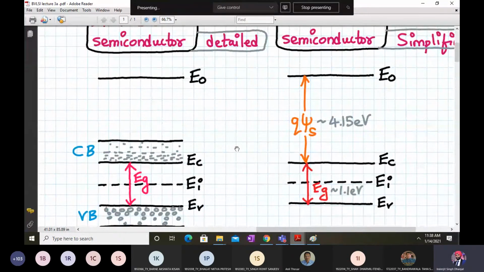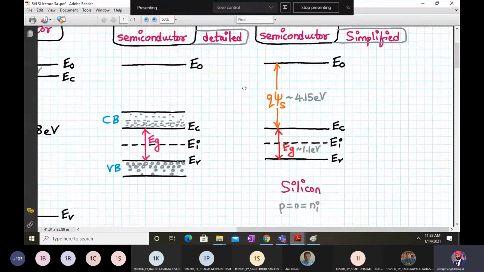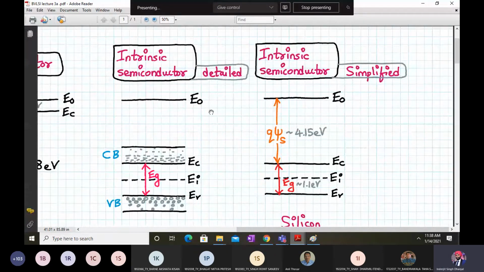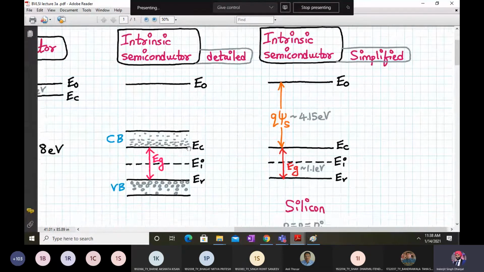Now, there are two contrasting things which I want to highlight over here. This was the detailed energy band diagram. For simplicity, since we know that the electrons are most often found at the bottom of the conduction band and the holes are most often found, the probability is more, at the top of the valence band, instead of drawing a band, we only draw a line over here.